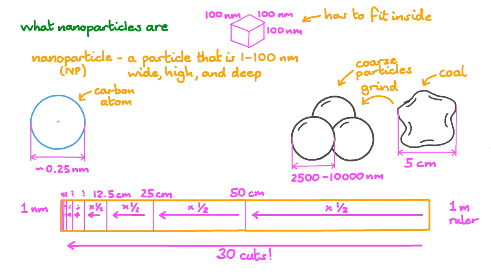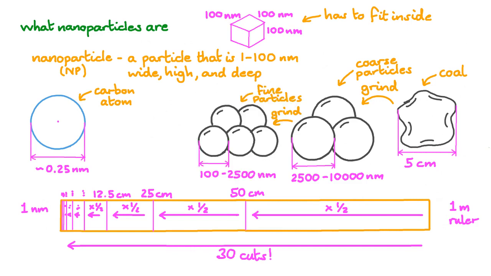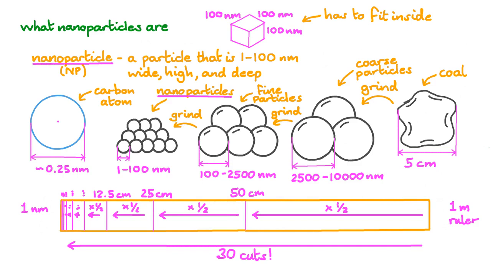Particles between 2,500 and 10,000 nanometers are called coarse particles. If we keep grinding, we'll eventually get to the level of fine particles, which are between 100 and 2,500 nanometers. And if we're very persistent, we might break those particles into nanoparticles, between 1 and 100 nanometers in size.